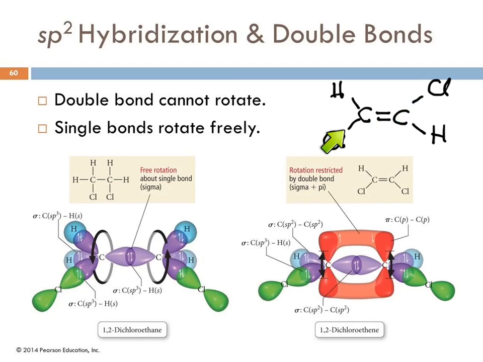The chlorines being on the opposite side of the bond or on the same side of the bond can affect the boiling point. It definitely can affect how they interact with other molecules in their reactions. This one, because it freely interconverts, is only one molecule. It just can twist around.